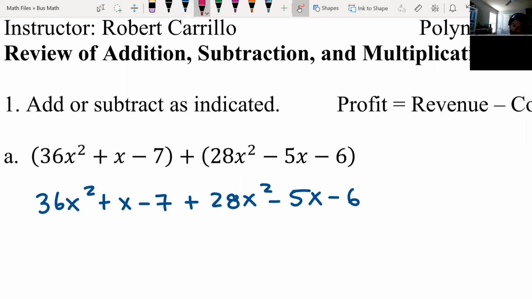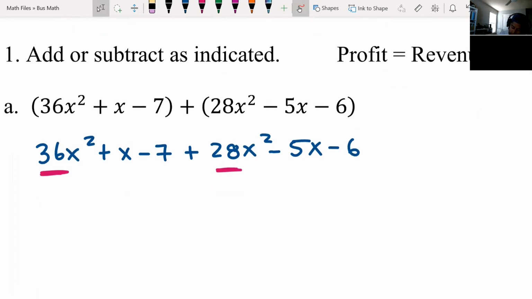So we'll start with the highest power first. I have 36x squared and I have 28x squared. So we'll add those two up, and 36 and 28 should get me to what? I think 64x squared. And then we go for the next x terms.